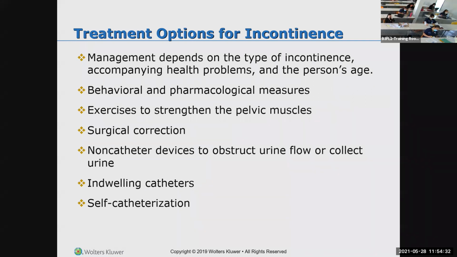So, treatment options. Management depends on the type of incontinence, accompanying health problems, and the person's age. Behavioral and pharmacological measures, exercise and strengthen the pelvic muscles, surgical corrections, indwelling catheters, and self-catheterization.